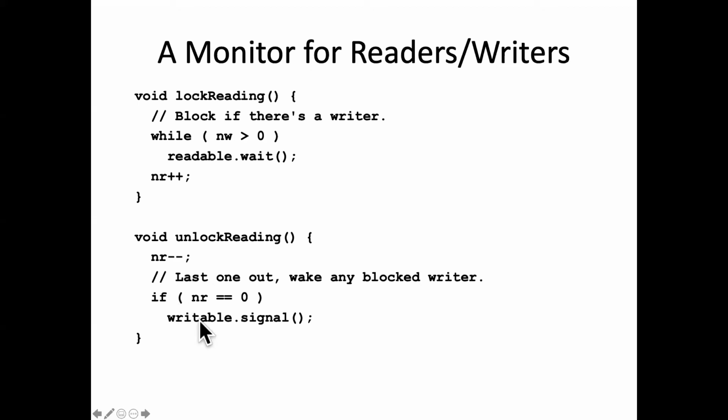If there was a waiting writer, we wake up one waiting writer. Here's a case where we definitely wouldn't want to use broadcast, because only one writer at a time can write. If we knew the last reader just gave up their lock, it's okay for one writer to go ahead. Like I've said a couple of times, if there weren't any waiting writers, this signal does nothing. But if there was, it wakes up one of them and gives them a chance to write.